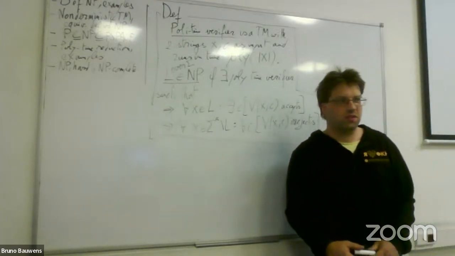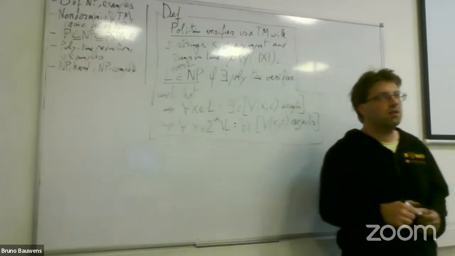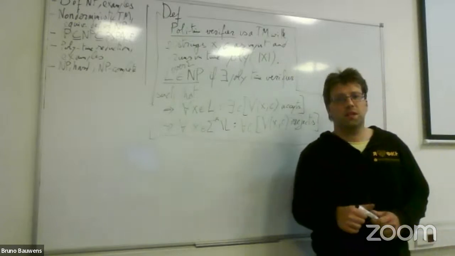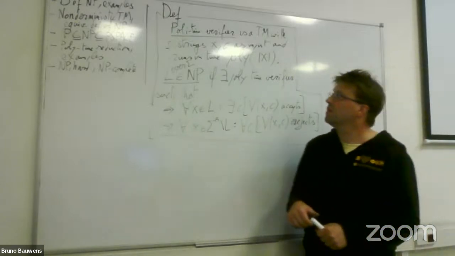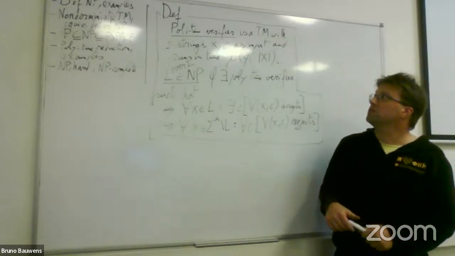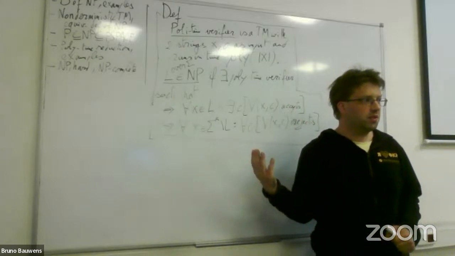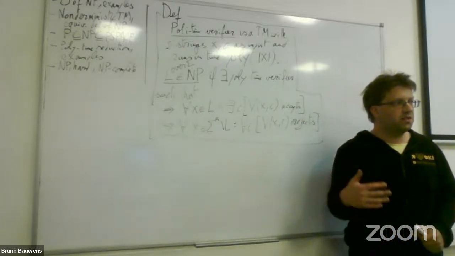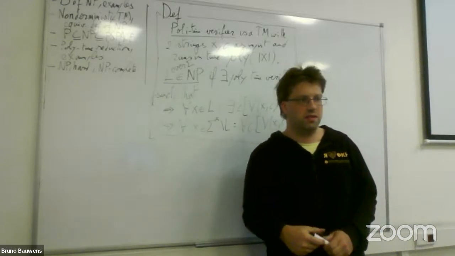I don't think for this course we will need it. But we will speak about PSPACE. There also exists a verifier definition of NEXP, the non-deterministic variant of EXP. I will define it at the end of the lecture.